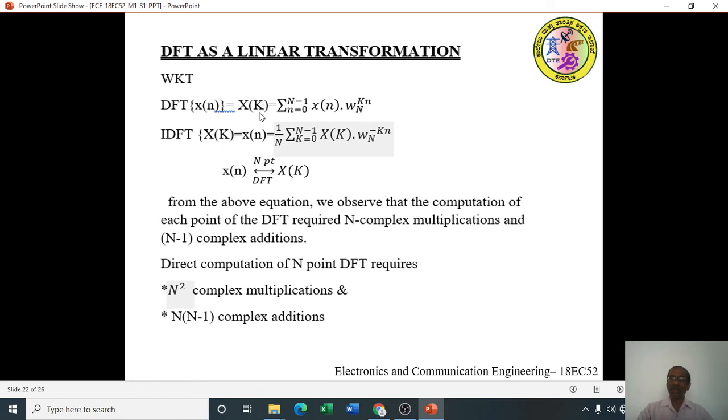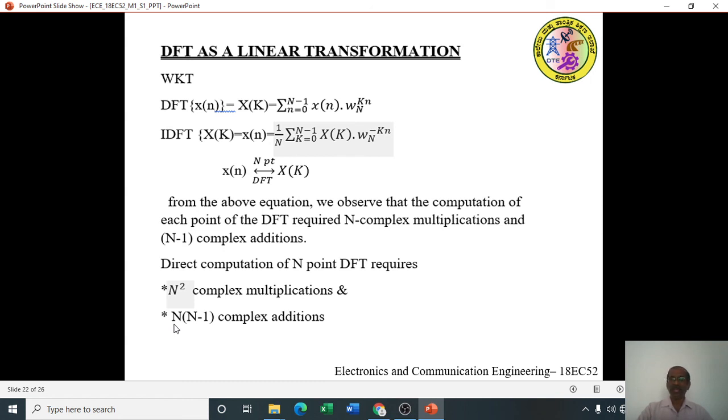So totally it requires N square complex multiplications and N into N minus 1 complex additions, because the twiddle factor is a complex number, where the input can be complex or real. So the direct computation of the N-point DFT requires N square complex multiplications and N into N minus 1 complex additions.